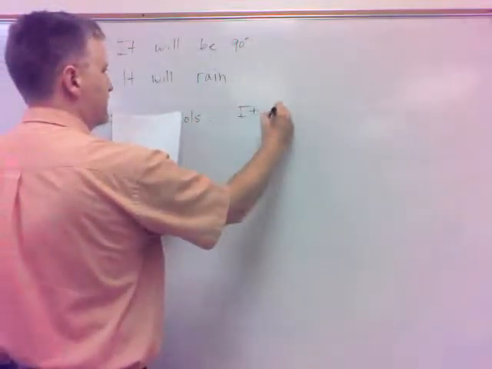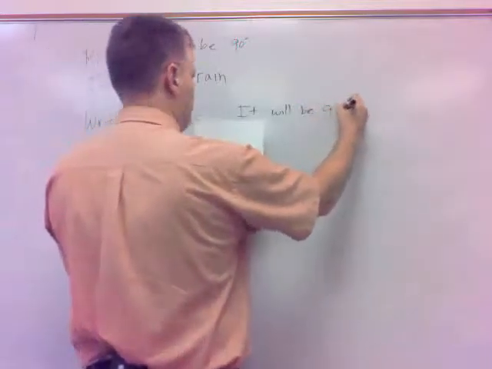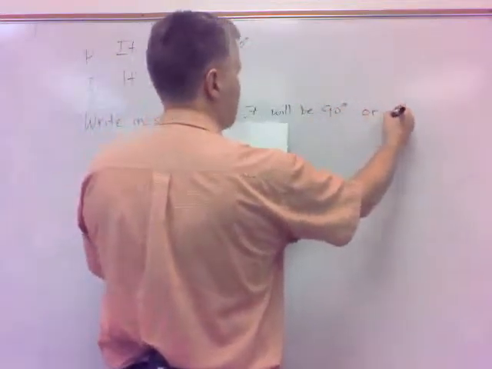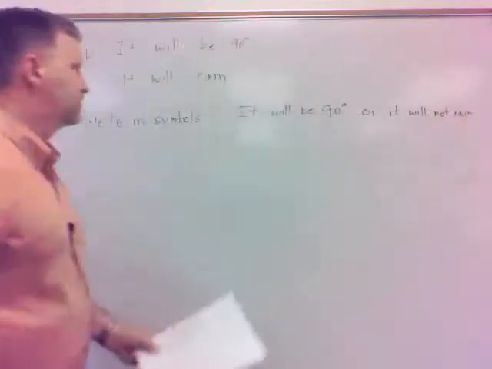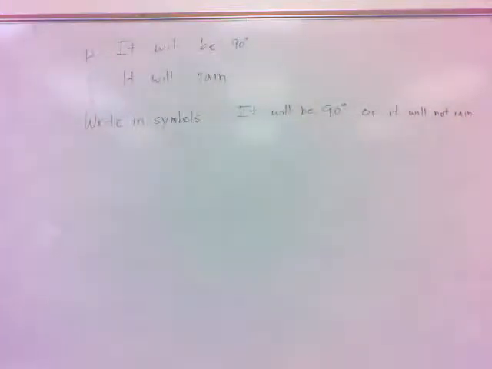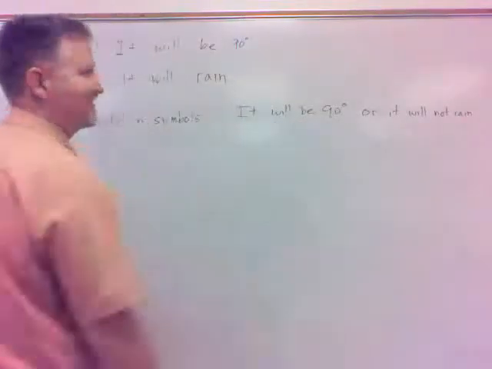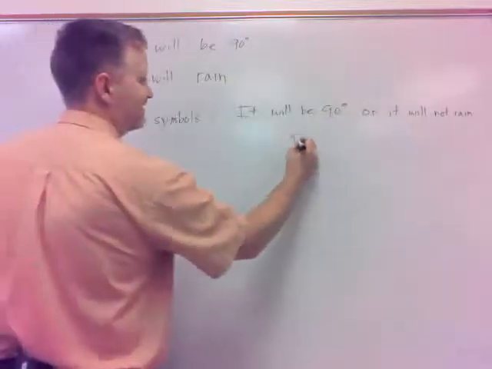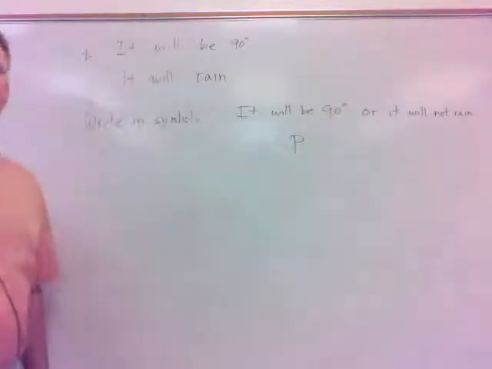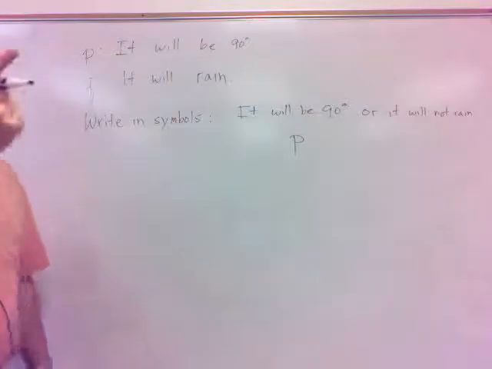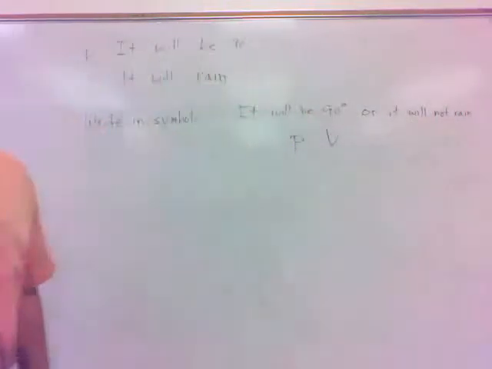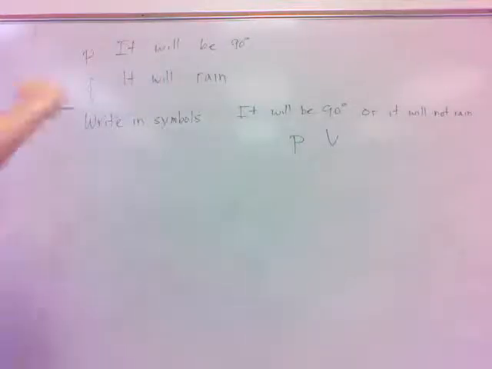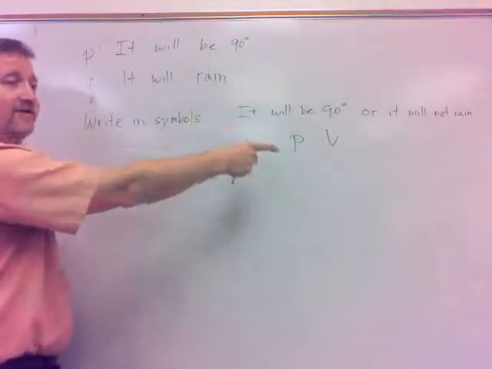It will be 90, or it will not rain. What would that be in symbols? Well, this is P. Or, what symbol is that one? Or is in logic, the V. And it will not rain would be, what would that be in symbols? Well, that's the opposite of the Q, isn't it? So what would I write? Squiggly Q.